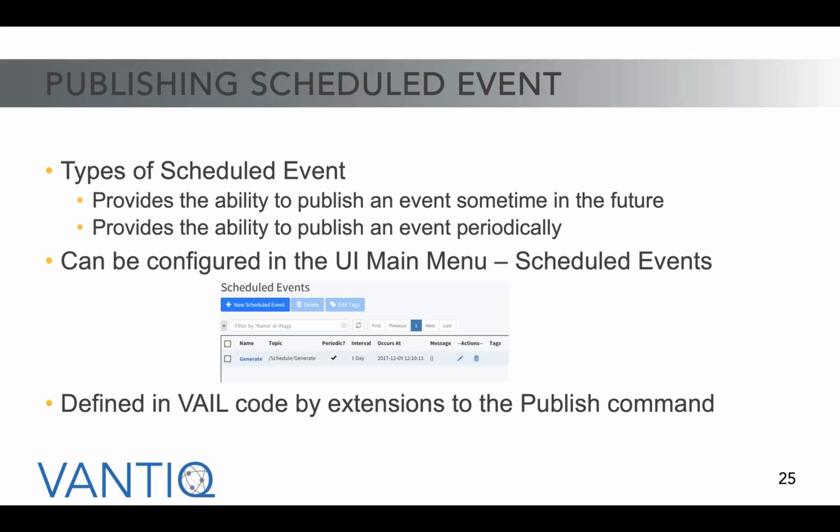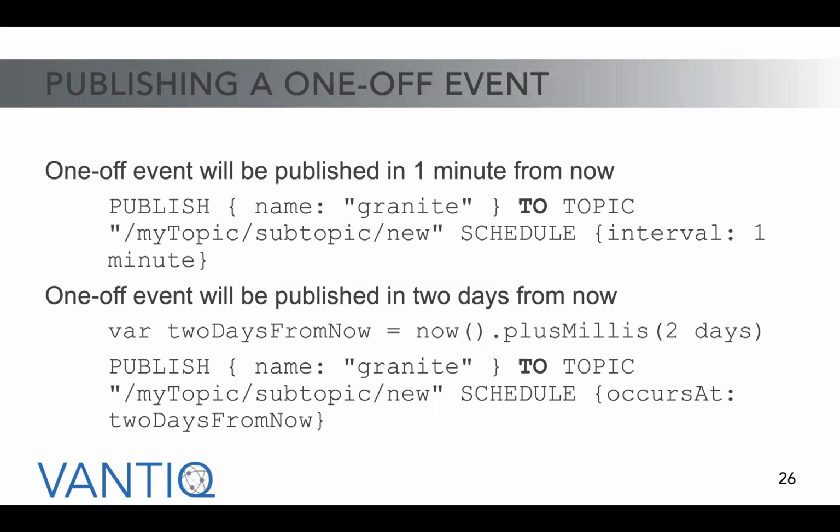Otherwise, that request is canceled. So I will automatically create an event in 15 seconds from now to cancel the order. But if the order is accepted, then I will delete that scheduled event before it runs.